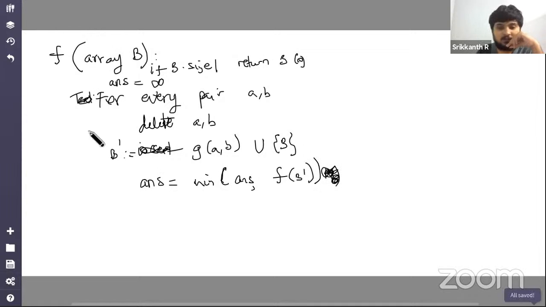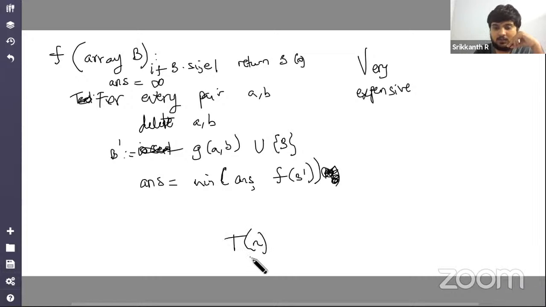Yeah. So this is the pseudocode to find f, and as you can all obviously guess, this is a very expensive function. Say T(n) is the time complexity for f.